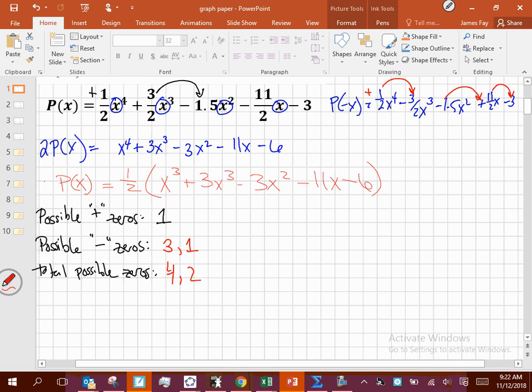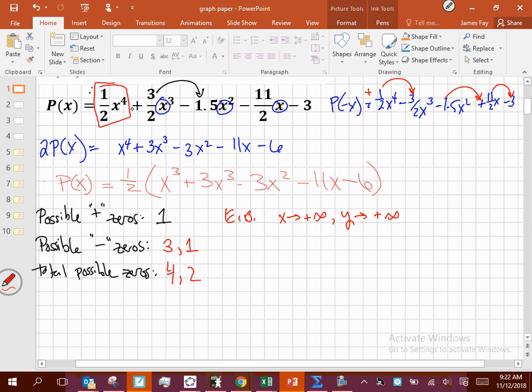The other features we've talked about: look at that thing right there. Do I know what my end behavior is going to look like? EB for end behavior. As x goes to positive infinity, where is y going to go? Infinity, yes.